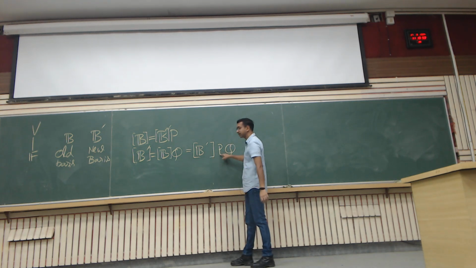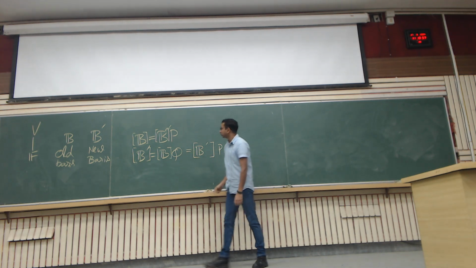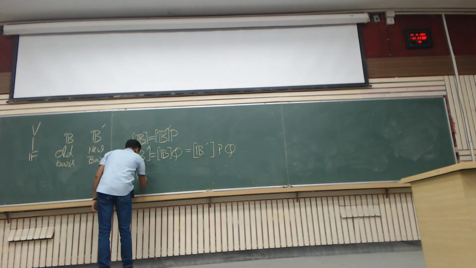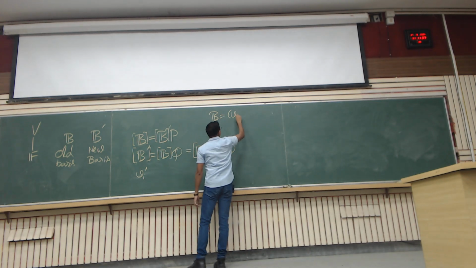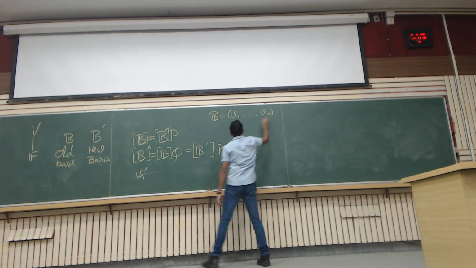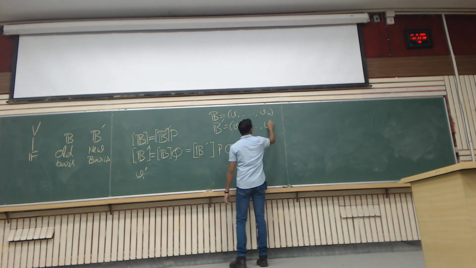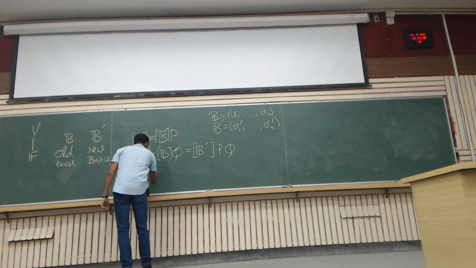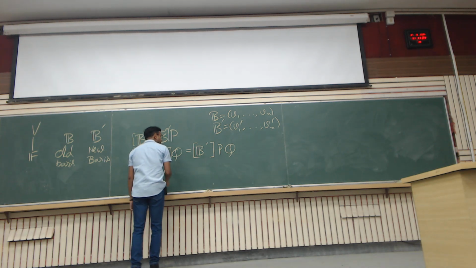PQ is a product of an n cross n matrix and an n cross n matrix. As a product, you are getting some matrix which is representing the elements of V dash. So for example, if you consider the ith element, say Vi prime, where V is V1 to Vn and V prime is V1 prime to Vn prime, then Vi prime is equal to a linear combination.